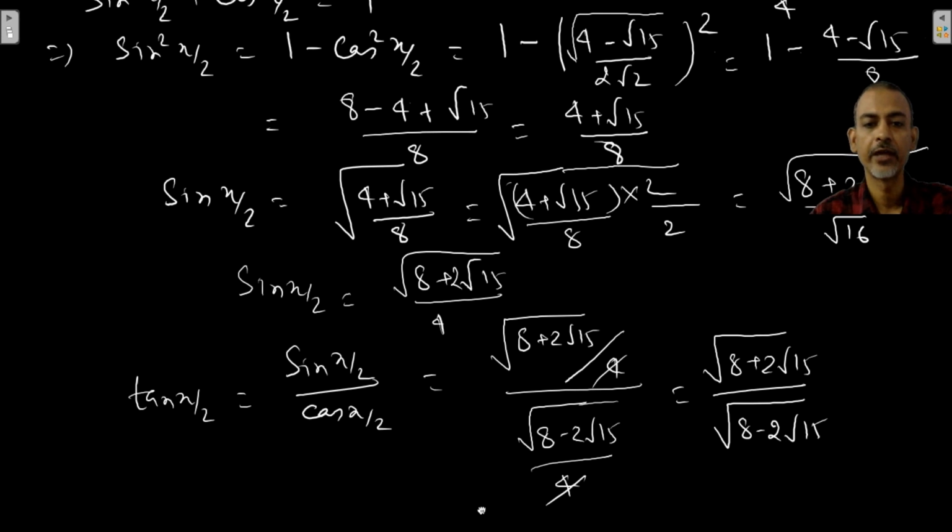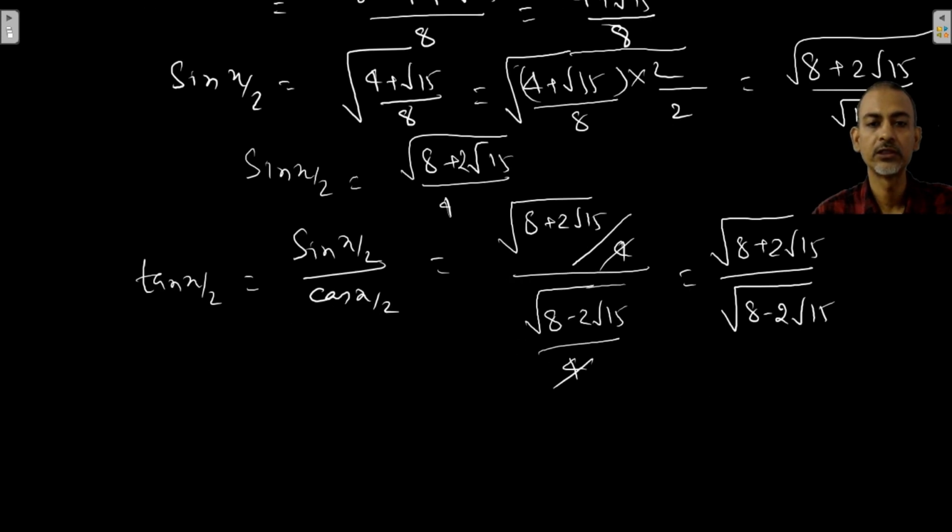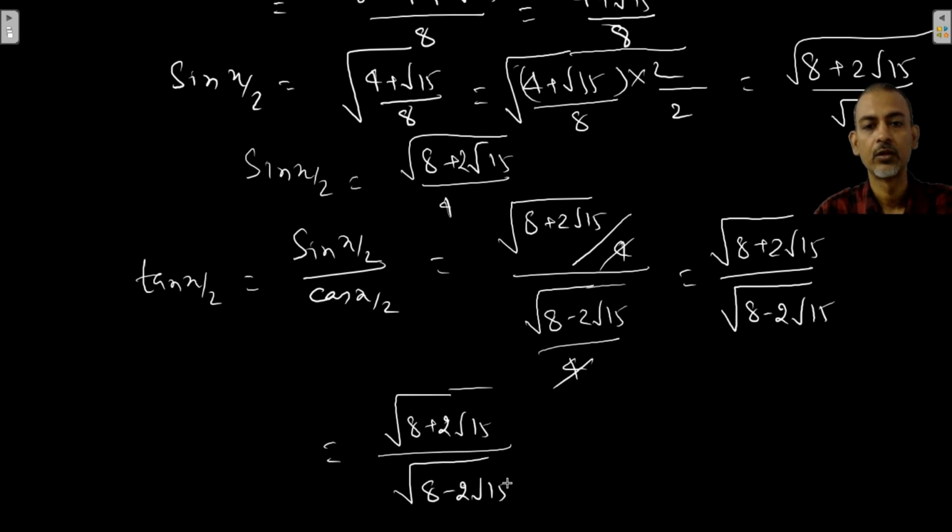Let's simplify it further. What we will do is, we will just multiply it with the conjugate of it, 8 minus 2 root 15. So in such examples, what we generally do is, it's a minus b, so we'll just multiply it with a plus b.